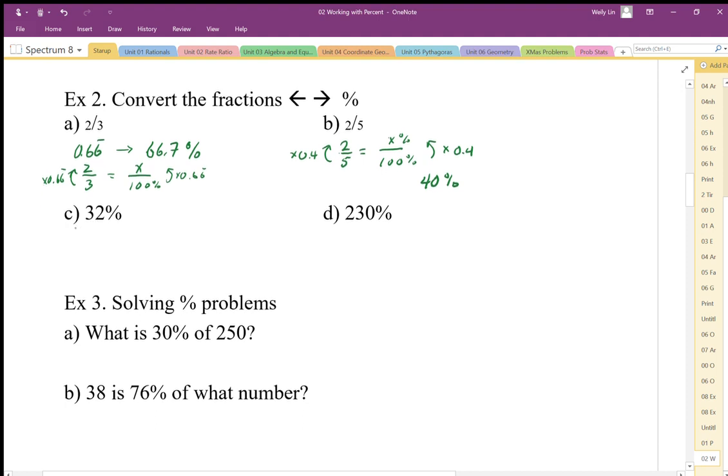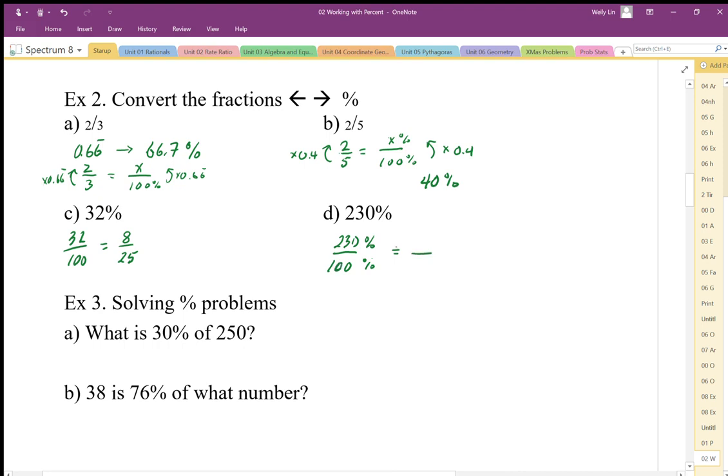Okay, so 32%, we're going to write it as 32 out of 100. Okay, and we can write it as a reduced fraction. Okay, we can divide by 4, and we get 8 out of 25. Okay, so same thing here, we can do 230%, or 230% out of 100% whole.